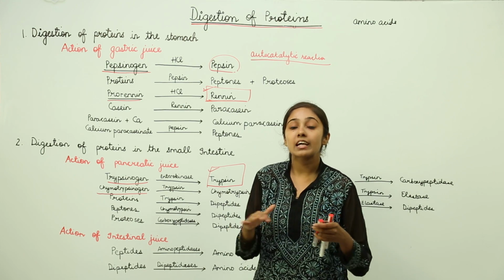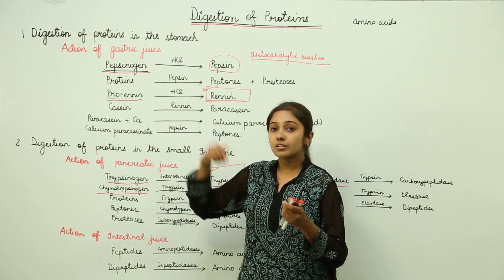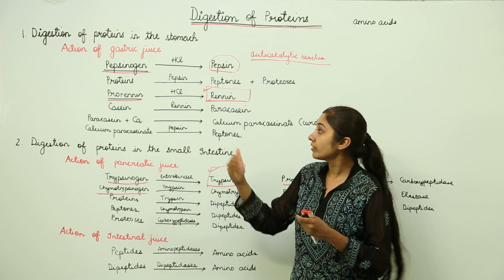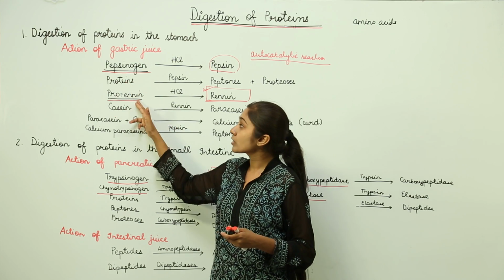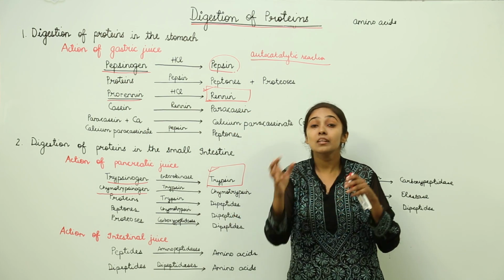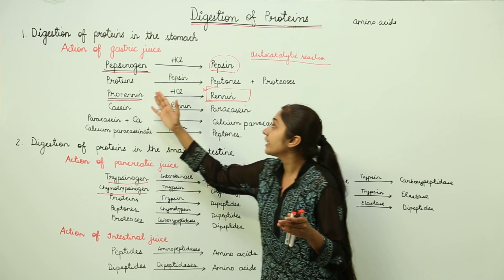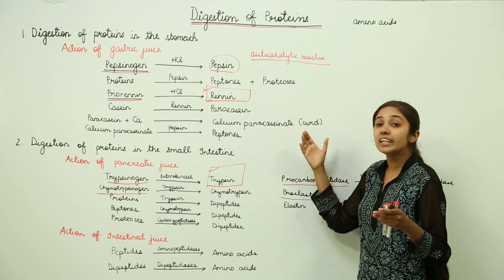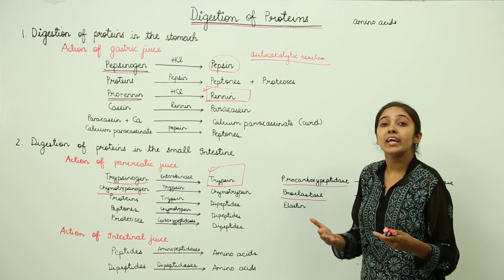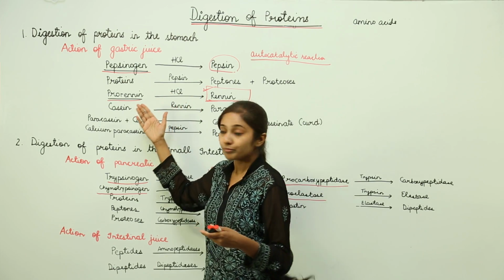On the industrial scale, they extract this renin from the stomach of the calf or the cow. Why am I talking about the calf? Because the amount of renin is abundant in the baby as compared to the adult. So this renin is extracted and used for the curdling of milk to obtain cheese. This is the industrial application of renin.